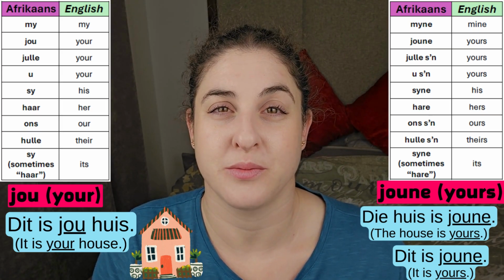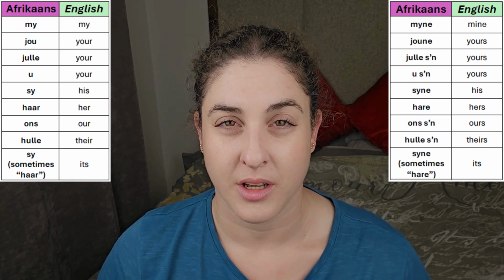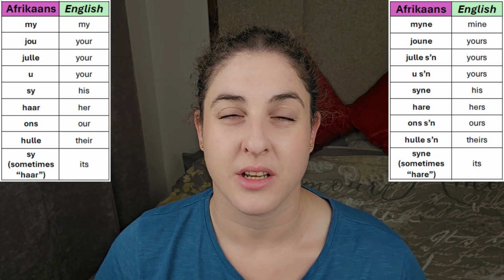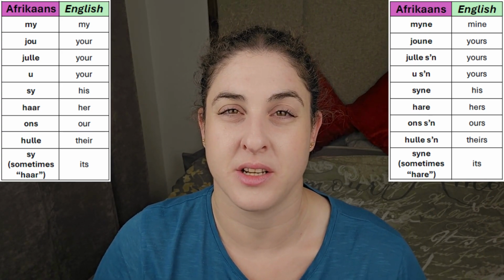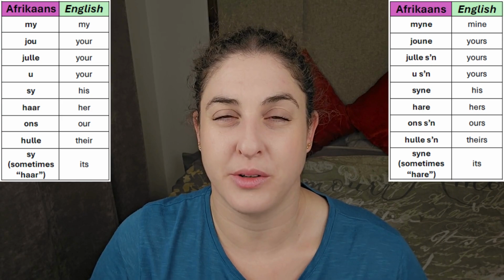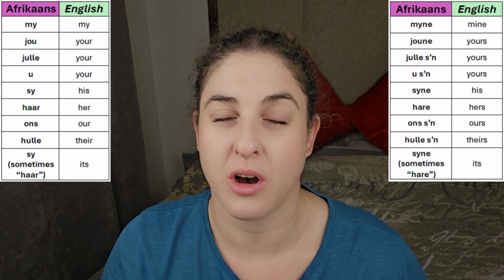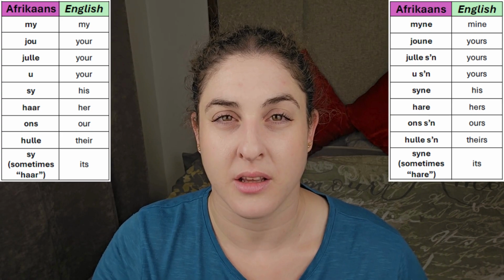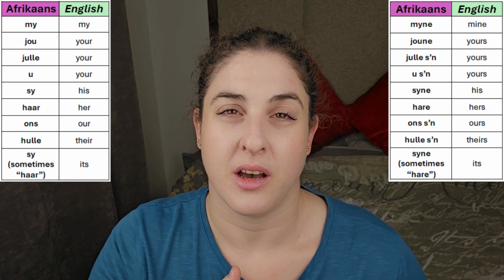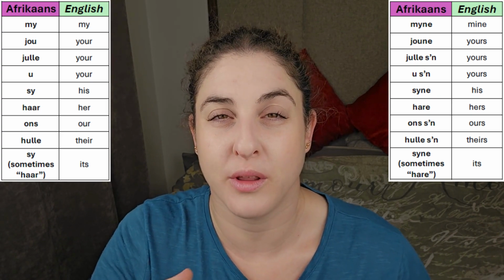It is yours. Before we continue with the examples, I forgot to mention that the table on the left gives you an adjective position, where this possessive pronoun describes the word that follows after. So if you're talking about "it is your money", then this possessive pronoun is in an adjective position before the money.